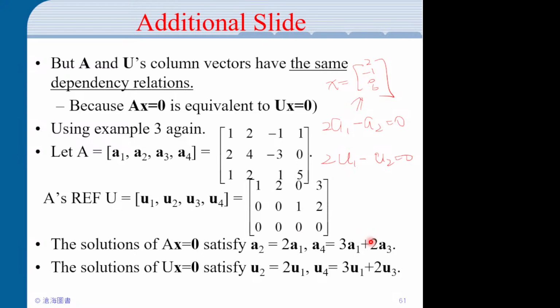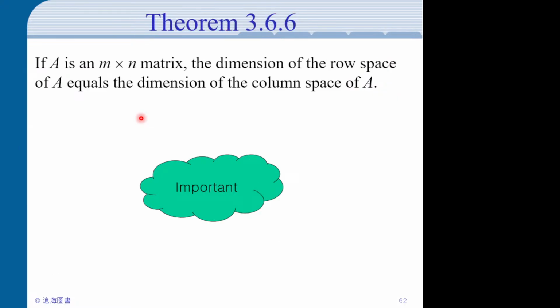Okay. And from here, then finally we can prove the theorem that we have been saying is true: that rank is also equal to the dimension of the column space of A. Okay, so for an m by n matrix, the dimension of the row space is the rank, and so the rank of A is equal to the dimension of the column space.